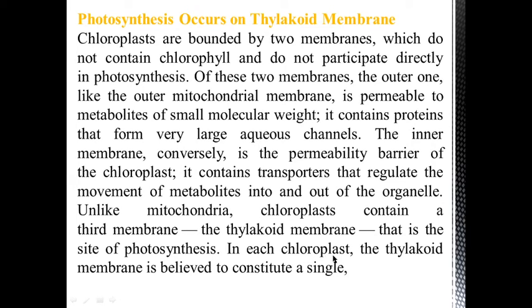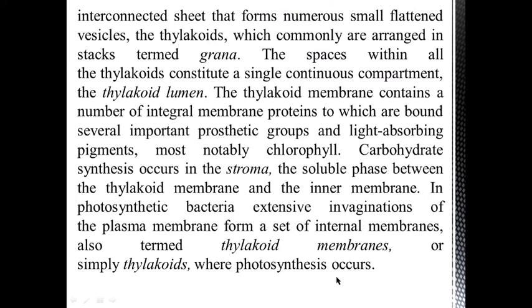In each chloroplast, the thylakoid membrane is believed to constitute a single interconnected sheet that forms numerous small flattened vesicles, the thylakoids, which commonly are arranged in stacks termed grana. The spaces within all the thylakoids constitute a single continuous compartment, the thylakoid lumen.